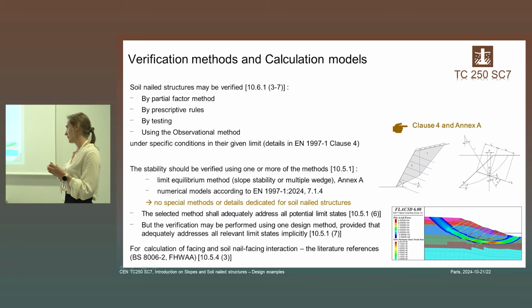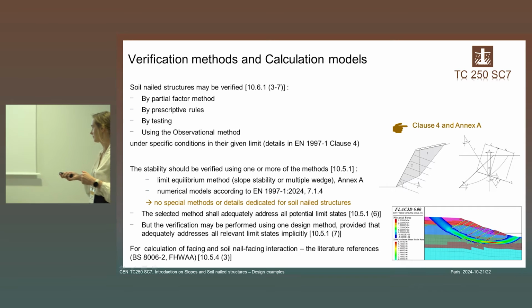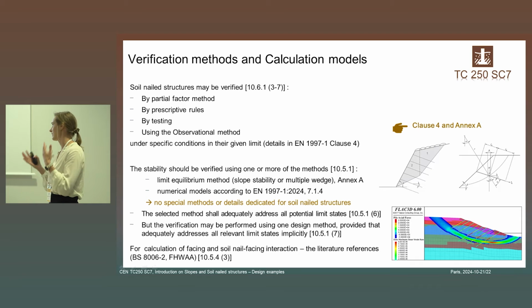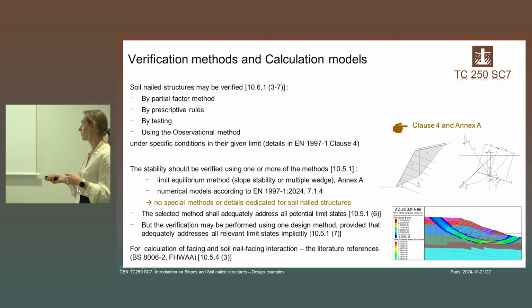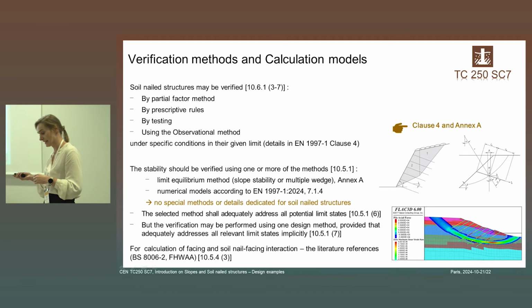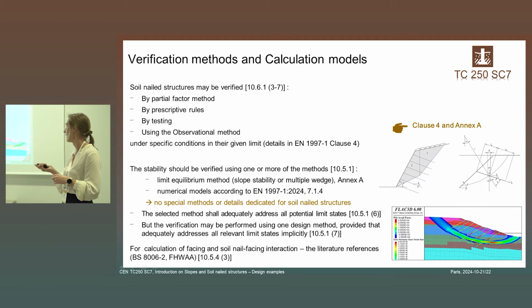I believe it's very beneficial, especially when we are talking about using numerical methods. Regarding calculation of facing or the soil nail and facing interaction, there is a reference to existing guidance, for example, the FHWA manual or BS 8006 part 2.